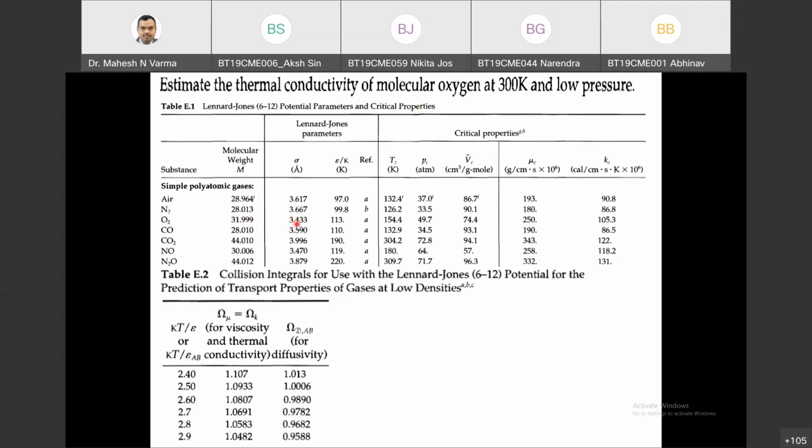Then we need to find KT by epsilon. Epsilon by K is 113, and the temperature is 300 Kelvin. Epsilon by KT you calculate, or KT by epsilon: this divided by this. How much is KT by epsilon?